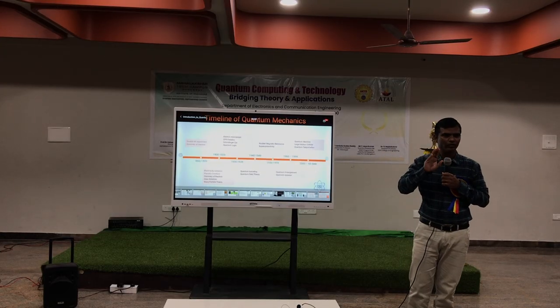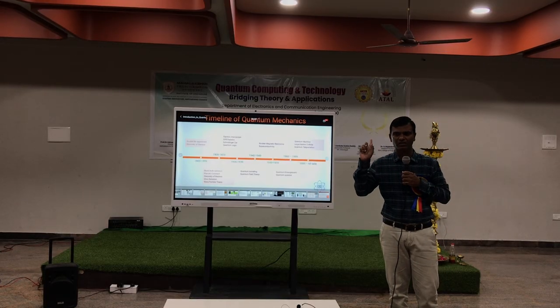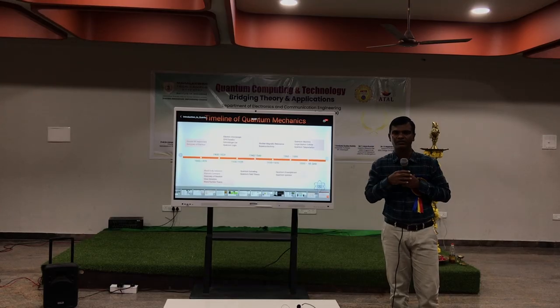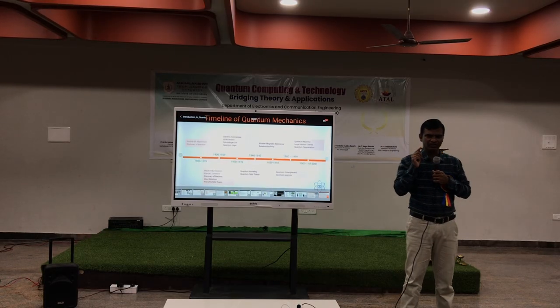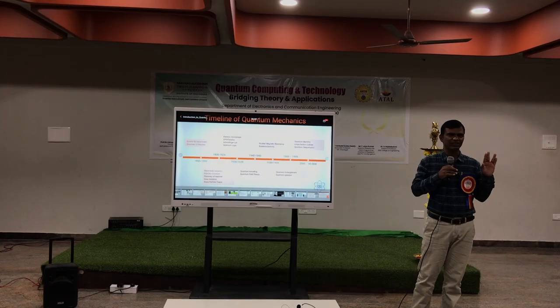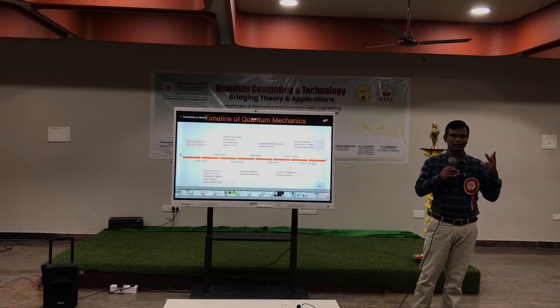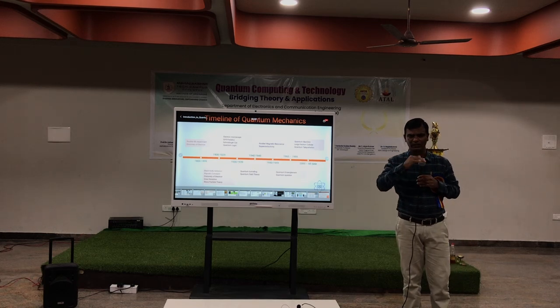The same problem, if you want to process it on conventional computers, may take several years if it is complex. And a simple example: all of you know chess, right? Chess has two players and 64 squares.